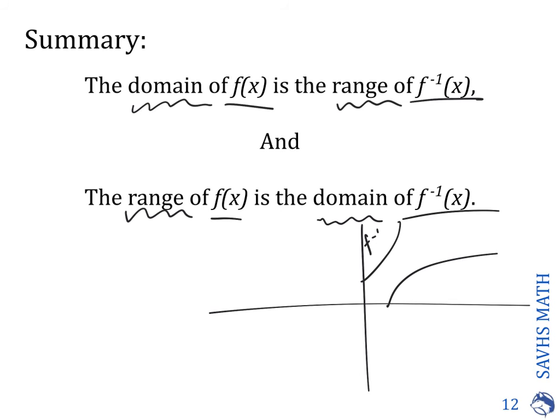This is f inverse, and this is f. The x values turn into y values, and the y values turn into x values. I've made this diagram as complicated as I can now, but the point remains. The inputs become the outputs become the inputs, and so the domains and ranges reverse.